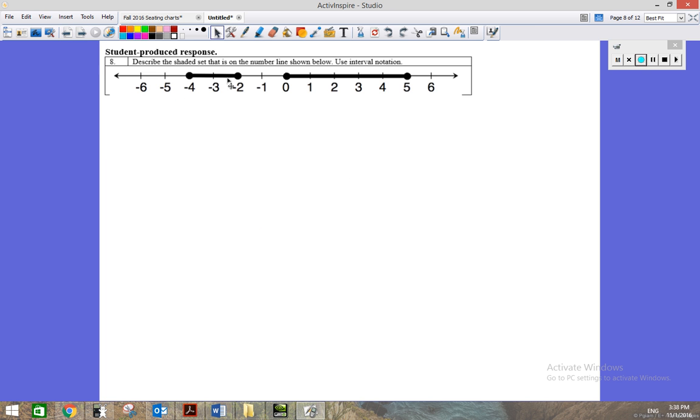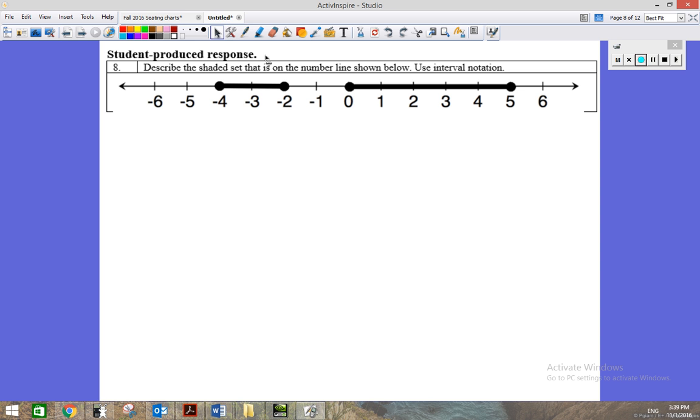Here in number 8, we have 2 intervals of interest. So remember, these intervals always go a smaller number, comma, a larger number. And here, with the endpoints being darkened with solid circles, we include the endpoints in our set, and we indicate that in interval notation with a square bracket. Since we have a jump, we have to have that union symbol.